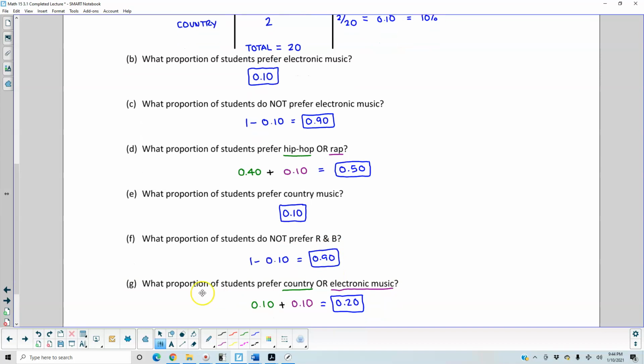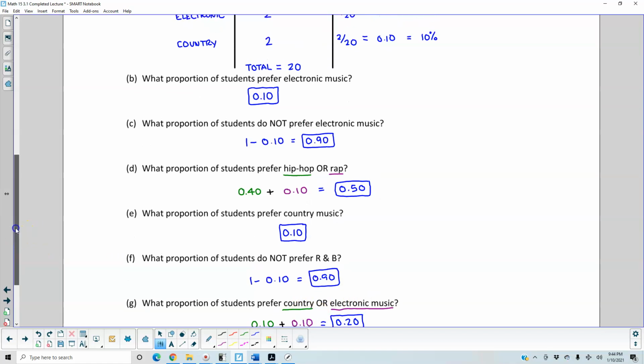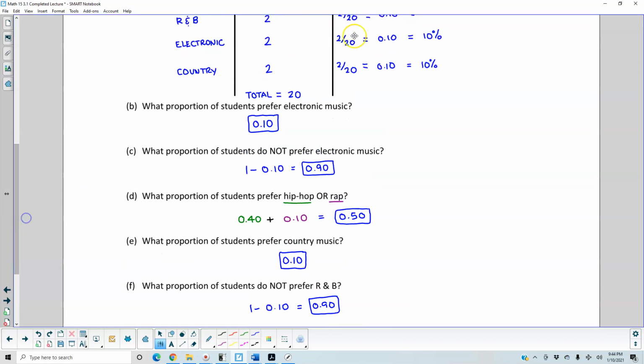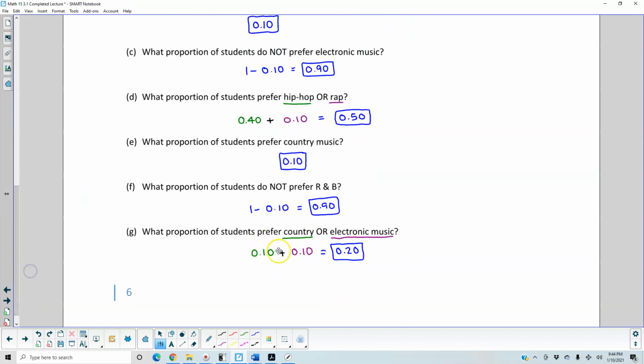For part G, it says, what proportion of students prefer country or electronic music? Now remember, this is an or statement, which means they're both added together. If we take a look at the country and electronic proportions, 0.10 and 0.10, we add them together. So 0.10 plus 0.10 gives us 0.20.